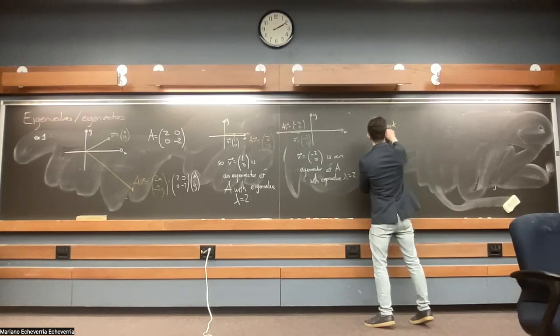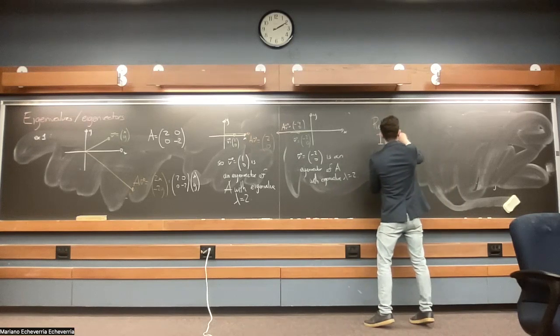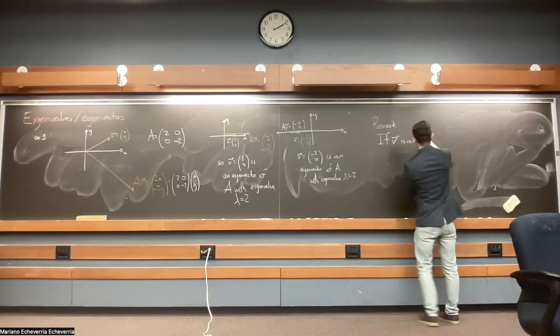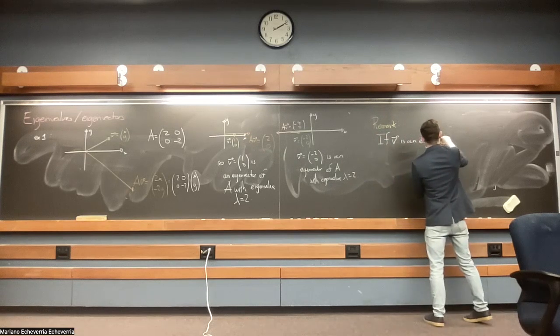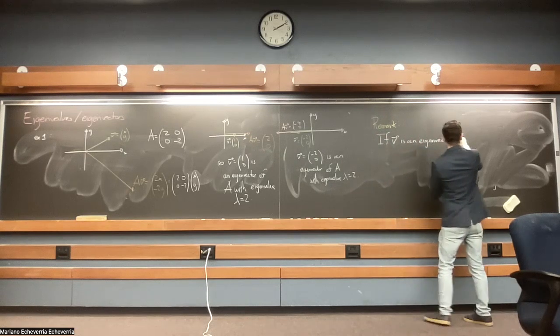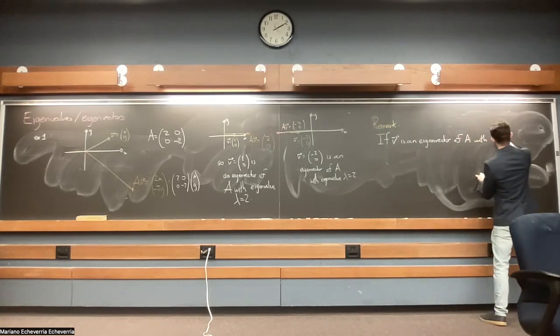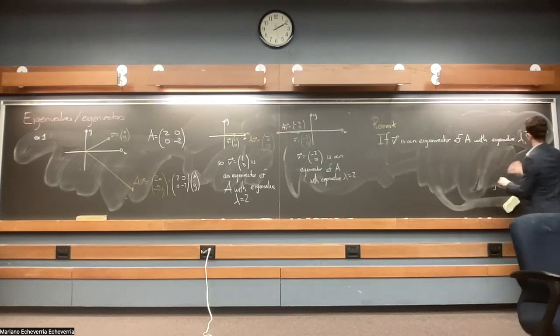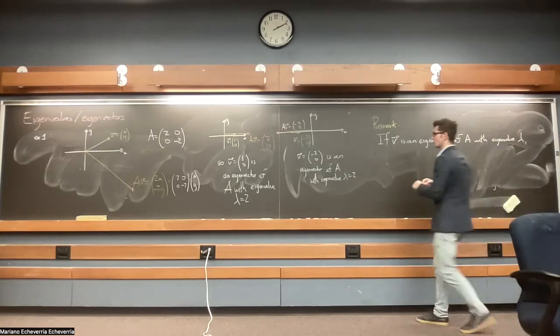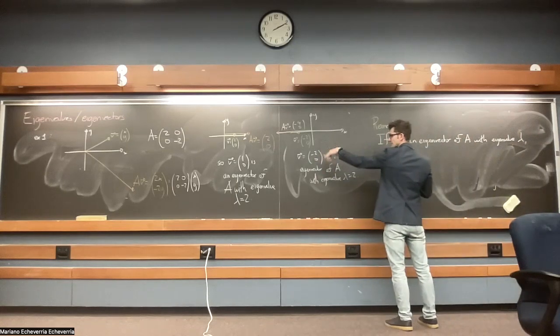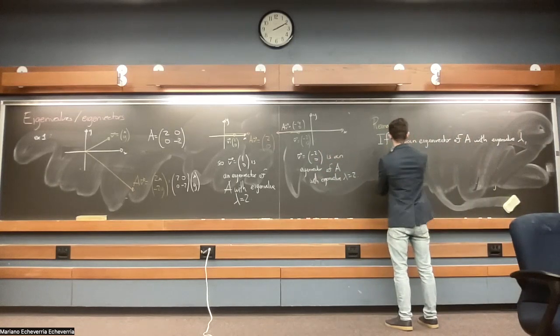So if V is an eigenvector of A with eigenvalue lambda, then any non-zero multiple of V continues to be an eigenvector of A with the same eigenvalue. It's a generalization of what happened here.